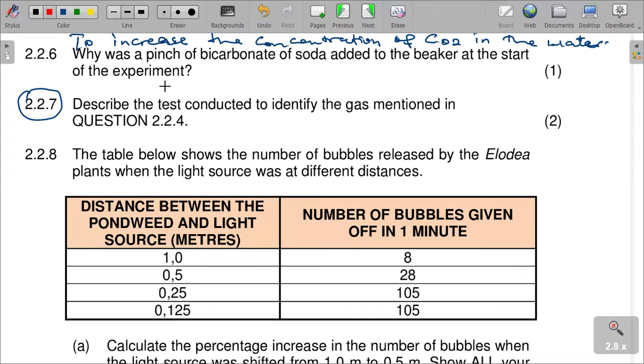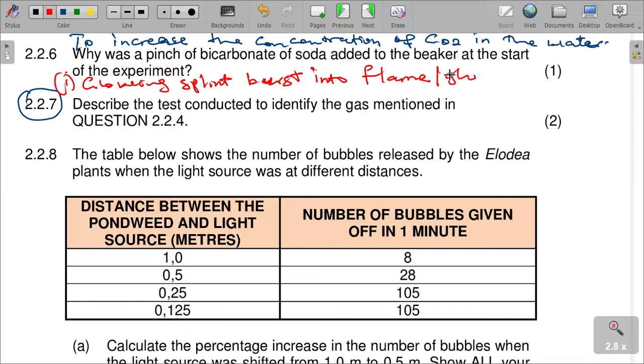When exposed to oxygen, it bursts into flame, or we can say that it relights.